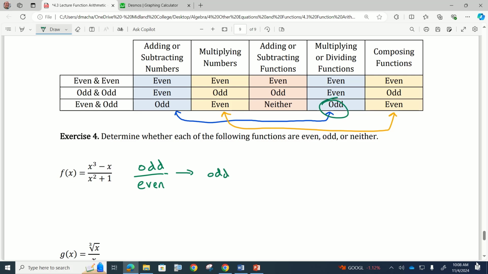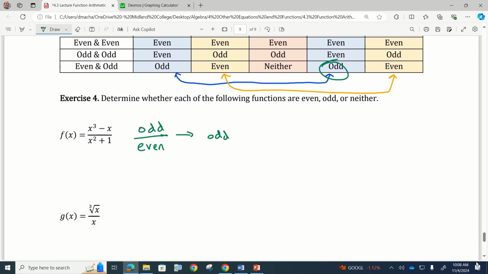The next one, we said cube root of x is an odd function. x is an odd polynomial. And odd divided by odd should give me an even function.